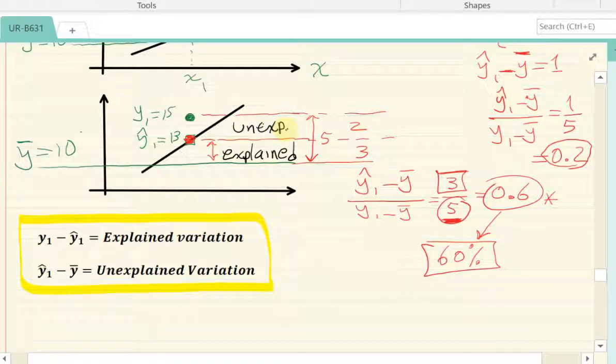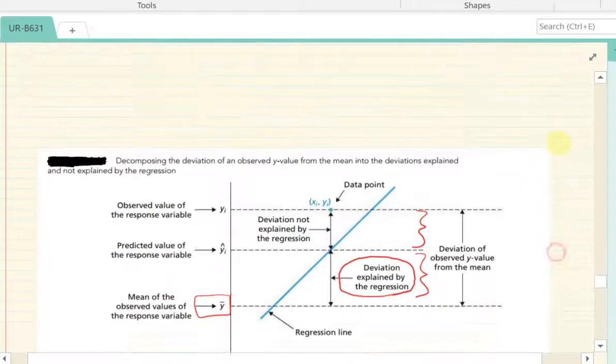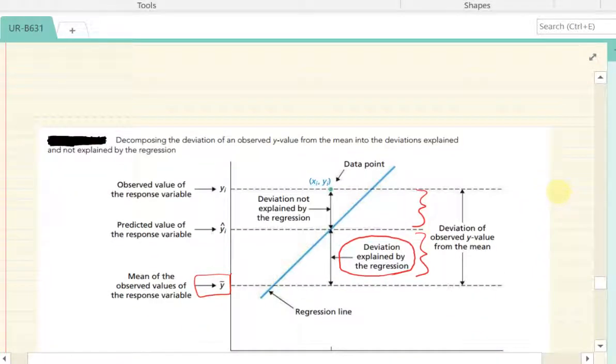Okay, that's why I had y1 minus y bar. So this is what is explained by regression, because this distance changes depending on where the line goes. So that's why it depends on where the line falls under that observation. Okay, so there you go.